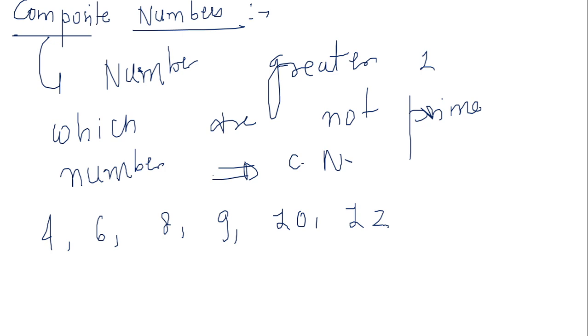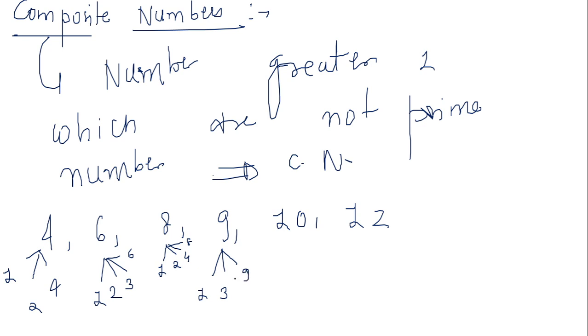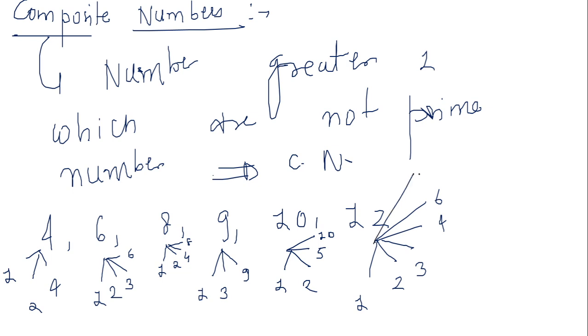We have studied that 4 has 3 factors: 1, 2 and 4. 6 has how many factors? 1, 2, 3 and 6. 8 has again how many factors? 1, 2, 4 and 8. 9 has factors like 1, 3, 9. 10 has 1, 2, 5, 10. 12 has factors like 1, 2, 3, 4, 6 and 12.